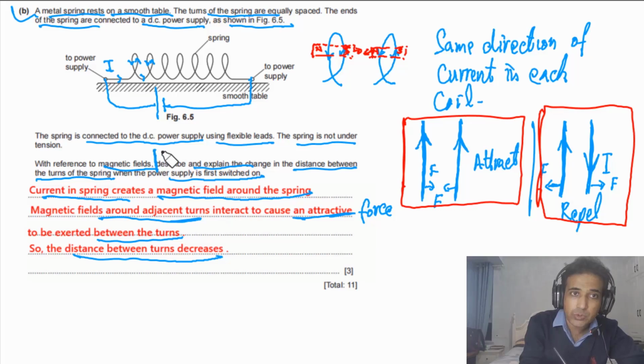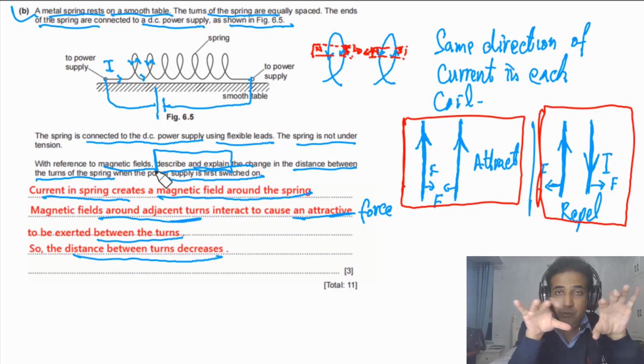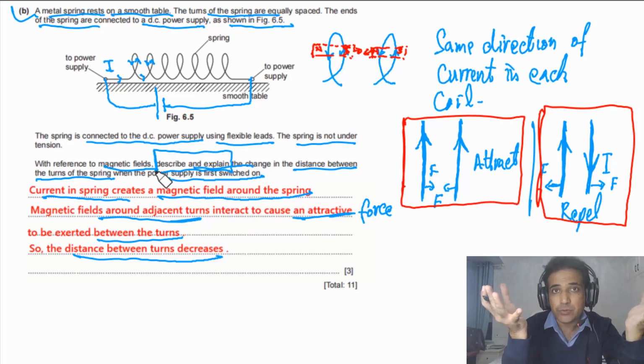The question was asking you to describe and explain. So in this case you can say the distance will decrease because current will cause an induced magnetic field in each turn, and the magnetic fields of two adjacent turns will attract each other, so there will be an attractive force. Due to interaction between magnetic fields there will be an attractive force and the distance between turns will decrease.